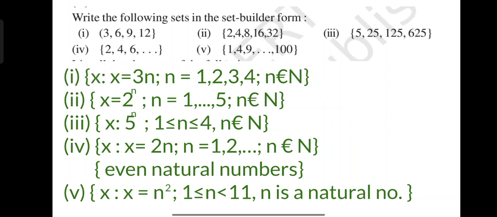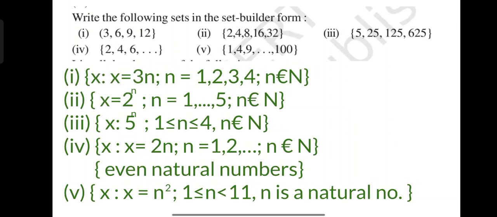If it is in set builder form, we have to denote it in algebra, so generally we use the letter X, but there is no written rule that we have to use X. Generally we use X, since X is a major part of algebra. So set of all X and X colon. The colon is read as such that. We will read up to this as set of all X such that, and we have to write what X is.